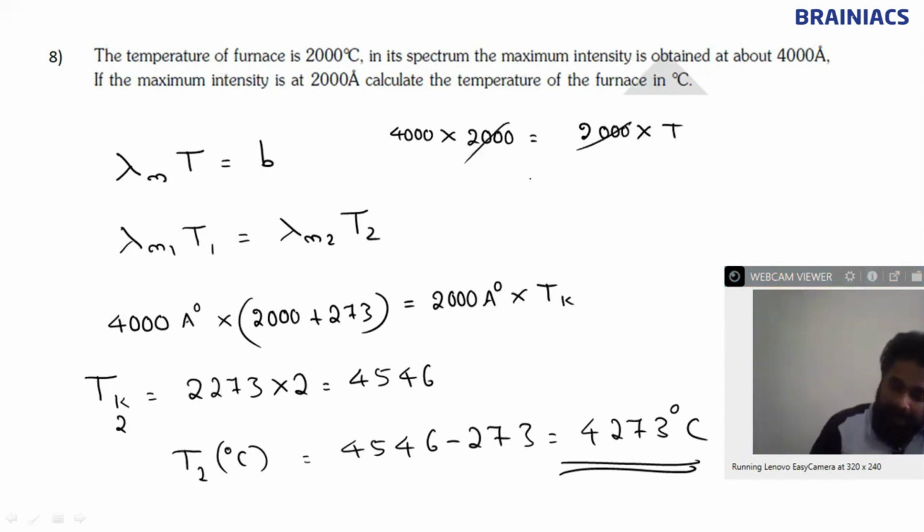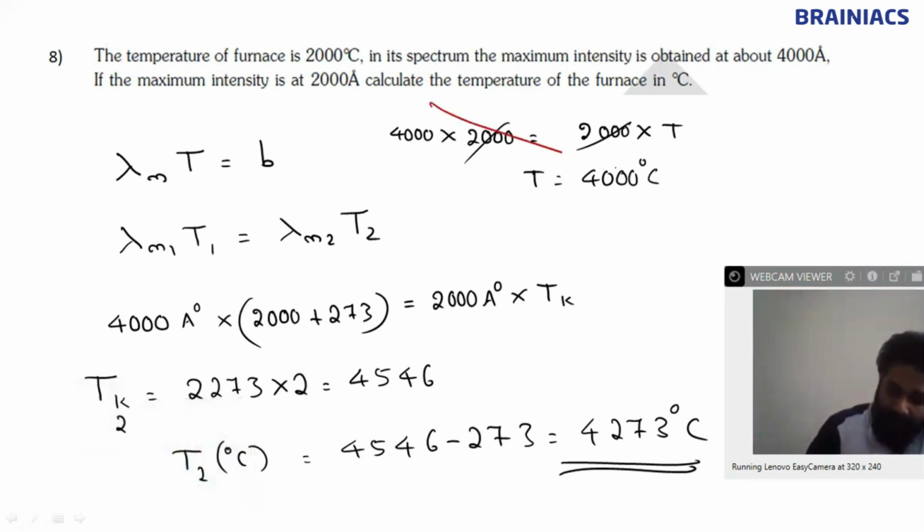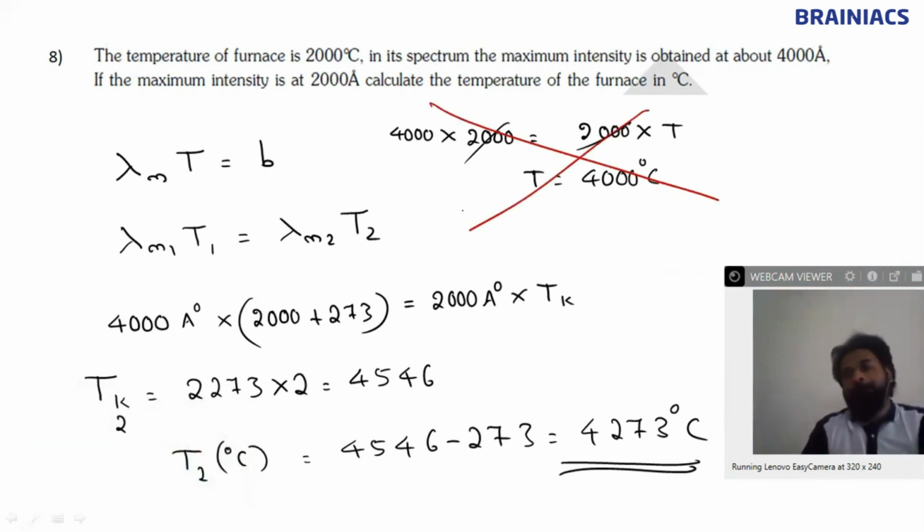So immediately the answer will be T is equal to 4000. Definitely this will be there in the options. If you think that we can do like this, it will be there in the options, but this is a wrong answer because the unit conversion will not be correct here.